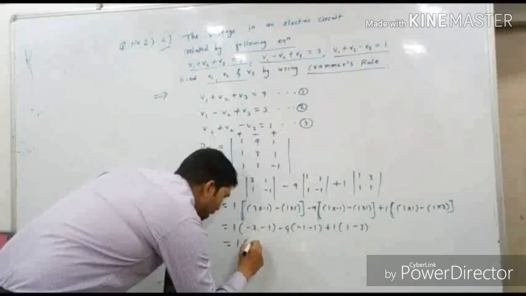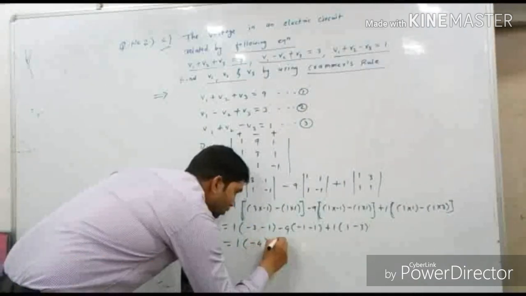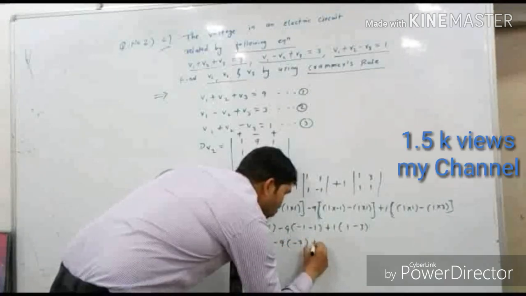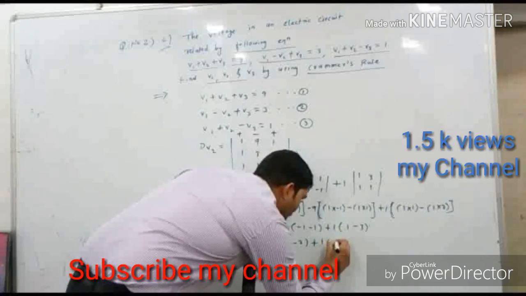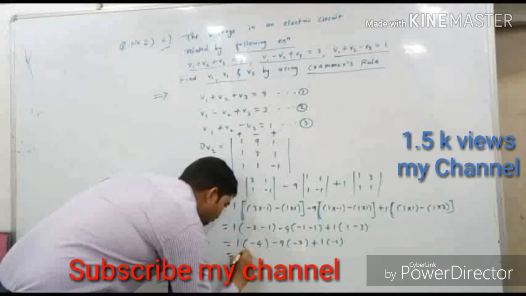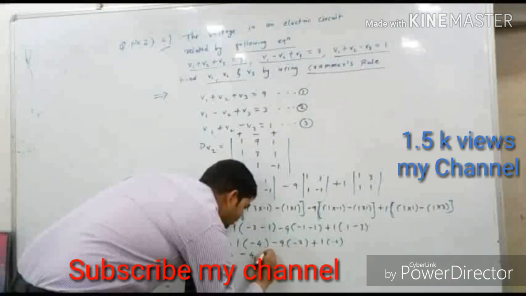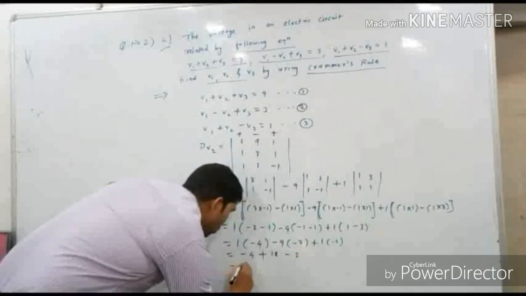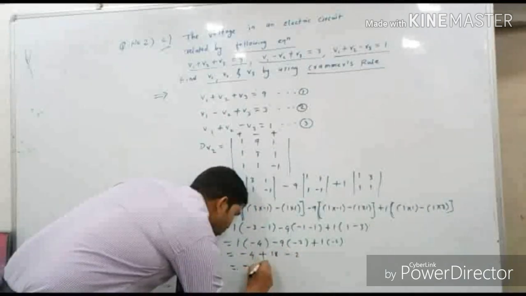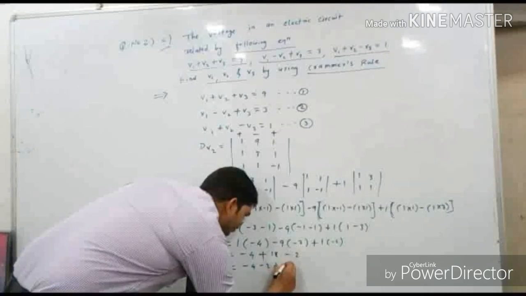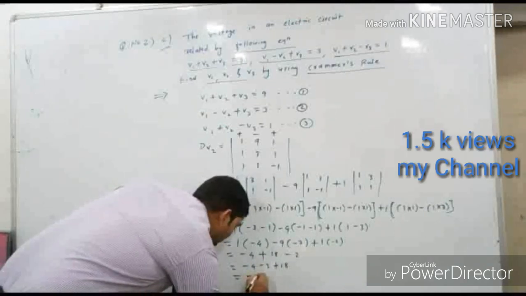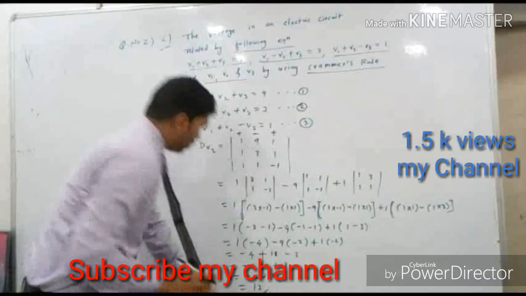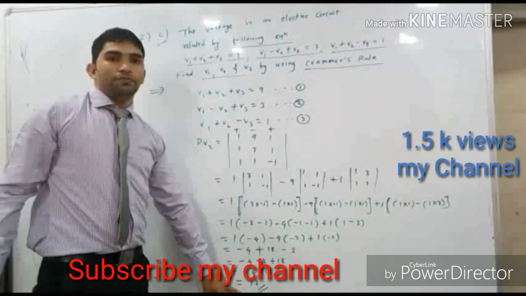So 1 as it is, minus 3 minus 1, minus 4, minus 9 as it is, minus 1 minus 1, minus 2, plus 1 as it is, 1 minus 3, that is minus 2. So we get minus 4 here, 9 twos are 18, plus 18 here, plus minus 2 ones are 2. So minus 4 minus 2 plus 18. Minus 4 minus 2 is minus 6, plus 18, and 18 minus 6 we get 12. So dV2 is 12.